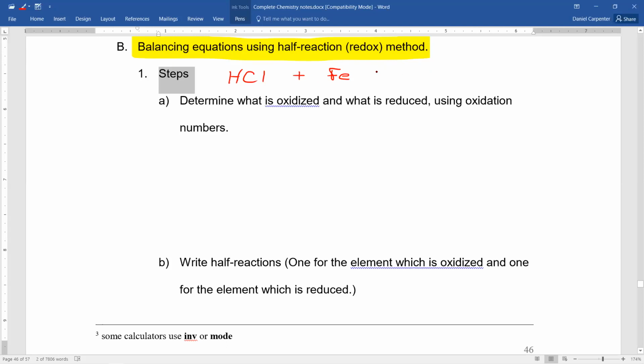See, I poured it on iron, and I got FeCl3 plus H2. Now, I could balance that equation off the top of my head right now, and I'm betting that many of you could too.